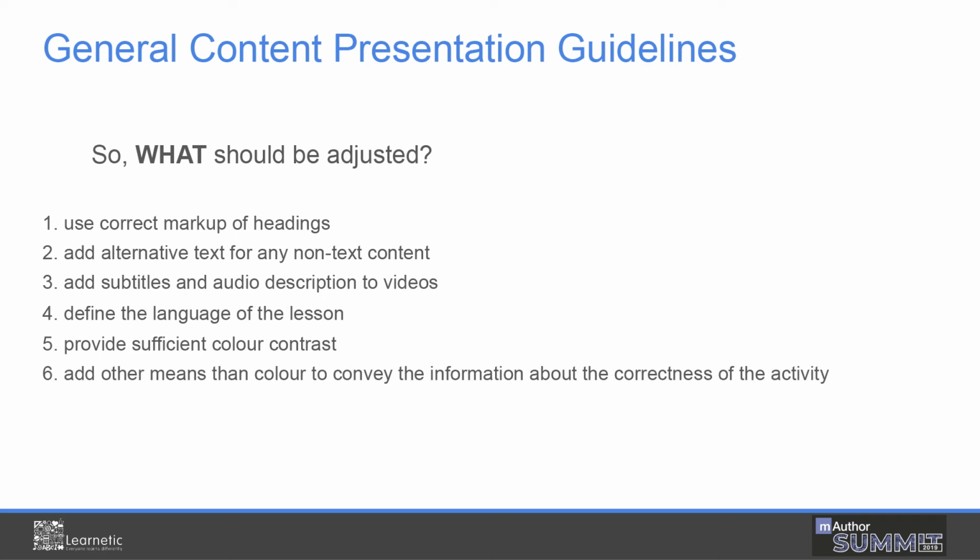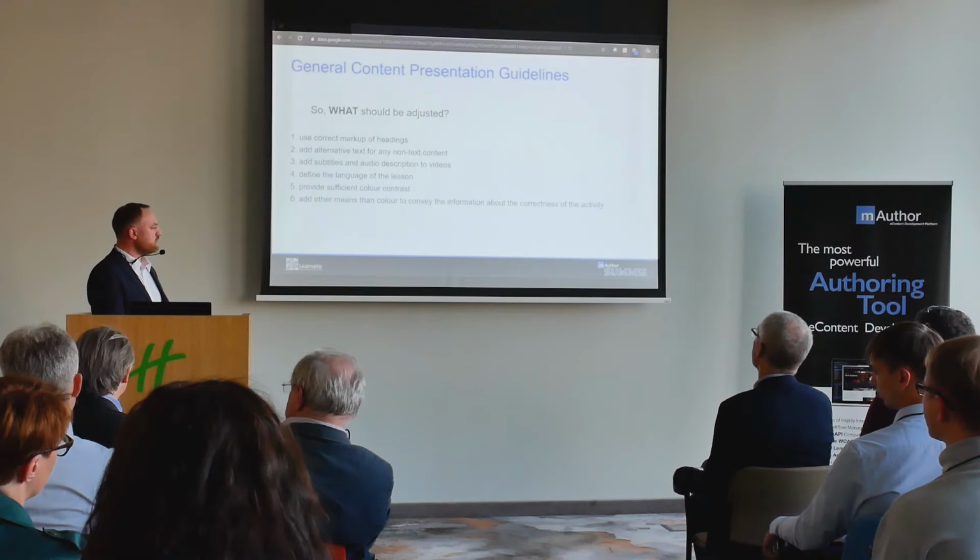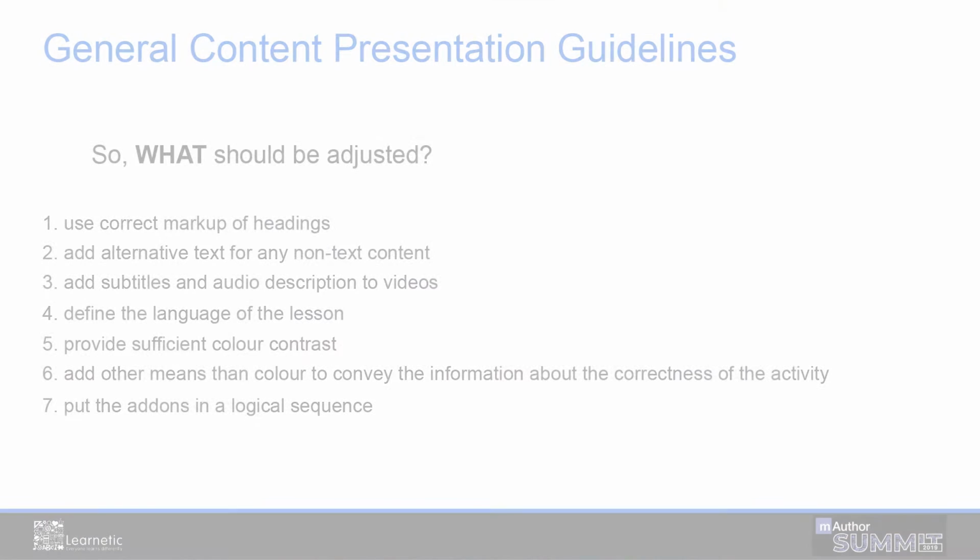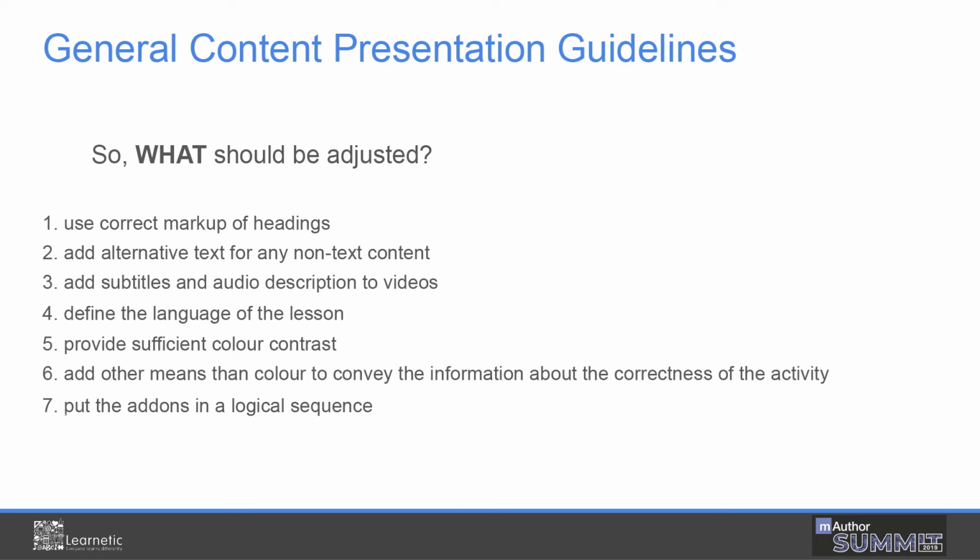We also have to provide means other than color to inform the student about the correctness of an activity or any other information. It shouldn't be only in color. We have to put the add-ons, meaning the content, in a logical sequence. And the last one is that we should also provide a screen reader. There is a text-to-speech add-on mentioned here. Of course, this is very mAuthor-based, which I will show you later.